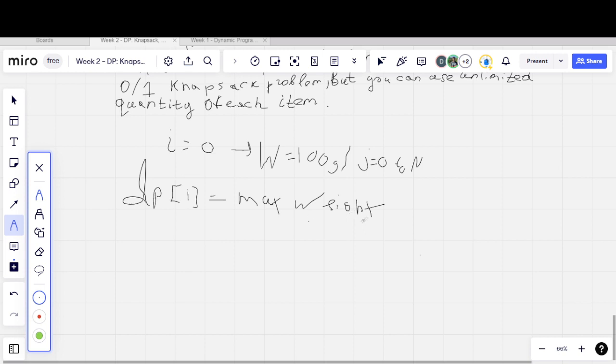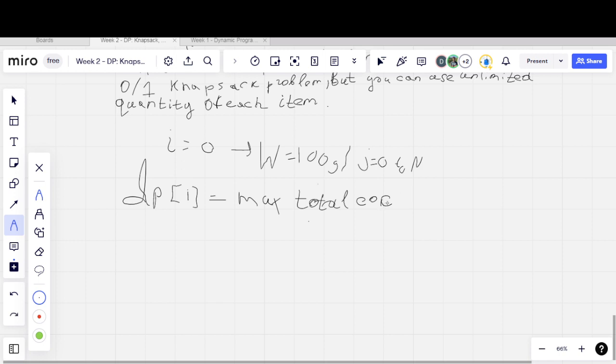It will be not weight, it will be cost. So it will be an answer on the smaller tasks, and it will be max total cost. We defined it in the previous task. Max total cost.